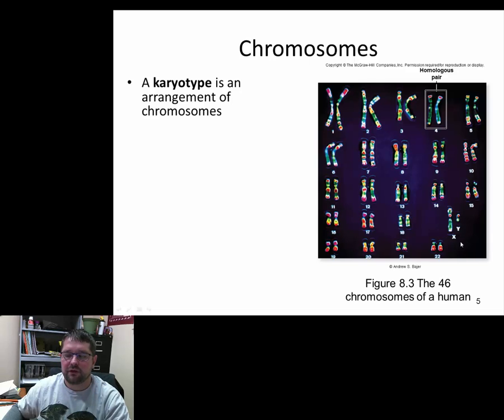Now, we can look through these chromosomes and we can see that they're very different. Now, I don't know if you can tell, but some of them you can see where the centromere is, like here and here, and this centromere is here and here, okay, and it's up here. Okay, we'll talk about centromere placement.